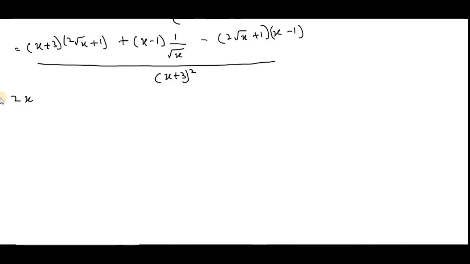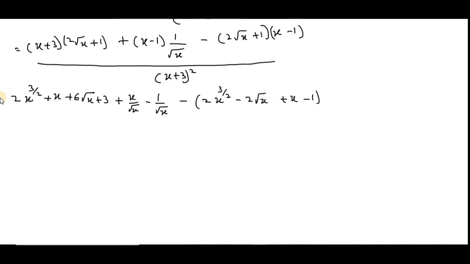Now on simplification, 2x raised to power 3 by 2 plus x plus 6√x plus 3 plus x over √x minus 1 over √x, minus 2x raised to power 3 by 2 minus 2√x plus x minus 1, whole divided by (x + 3) whole square.